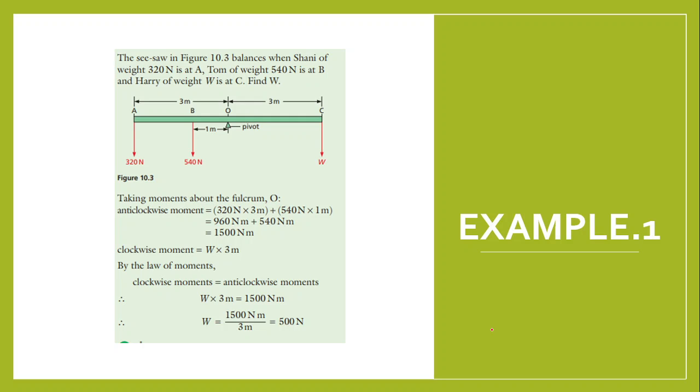So what you're going to do is just sum the clockwise moments and equate them to the sum of anti-clockwise moments, and the variable that is missing is going to give you the answer. Sometimes it's going to be a distance, sometimes a force, sometimes a weight.